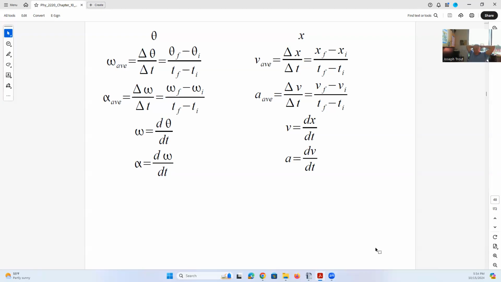Now we have angular acceleration, which is delta omega over delta t. And we have velocity, dx dt, and angular velocity, omega equals d theta dt. We have acceleration, dv dt. This is instantaneous acceleration, and instantaneous angular acceleration, d omega dt.